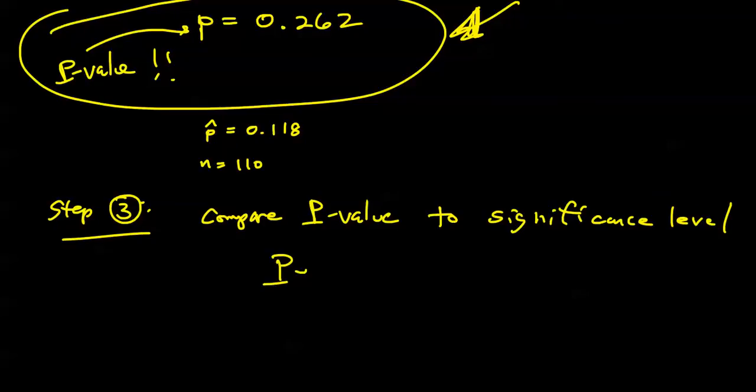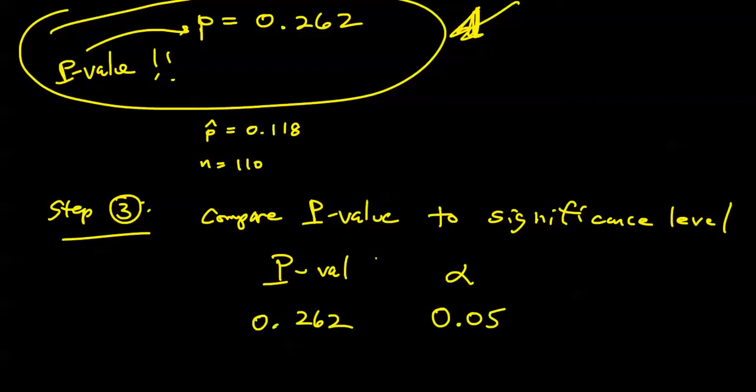I usually make a little table like this. P-value and significance level. Our p-value, as we know, our calculator computed it to be 0.262. The alpha level, which is typically given to you in the statement of the problem, you recall the significance level, or level of significance, was, we were told to use 0.05.